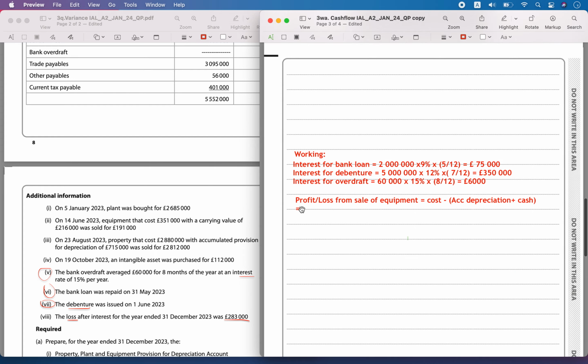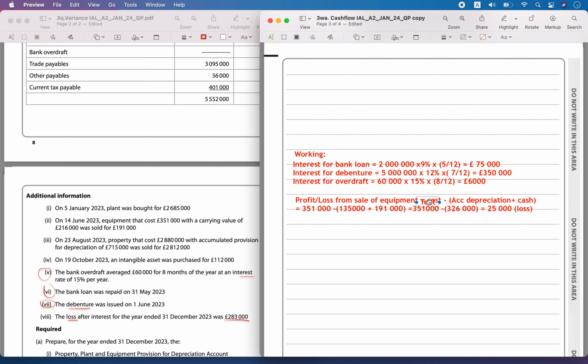It was 135,000. So now let's replace here. 351,000 minus its accumulated depreciation of 135,000, and you got a cash of 191,000. So they have got a loss of 25,000 because the cost is still greater and they have got a much lower value. So this is a loss.